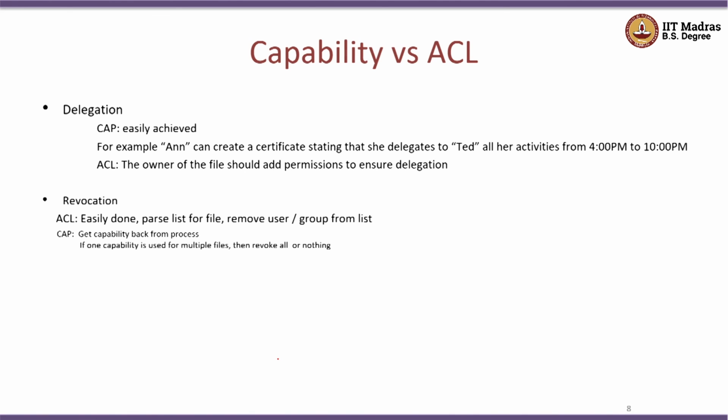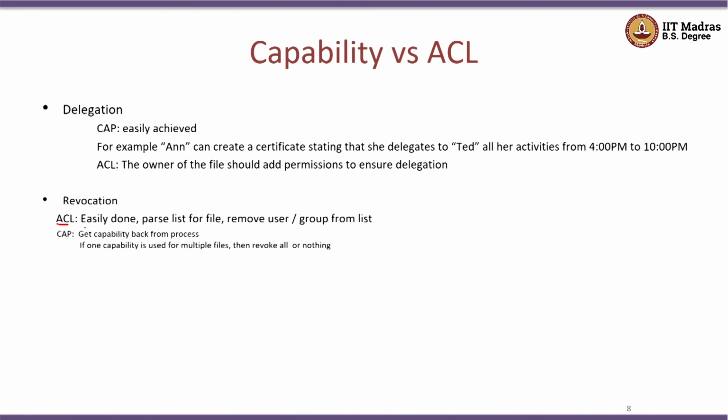So a certain advantage of capability based systems is that delegation is very easy. For example, Anne can create a certificate stating that she delegates all her files, all her programs and her entire linked list to somebody else, say Ted, for a certain period of time, say from 4 p.m. to 10 p.m., right? So delegation of a particular task to somebody else is quite easy. Revocation, on the other hand, is more easily done with the access control list.